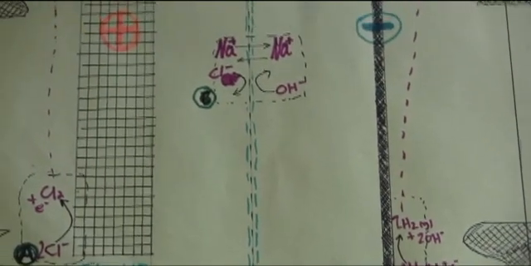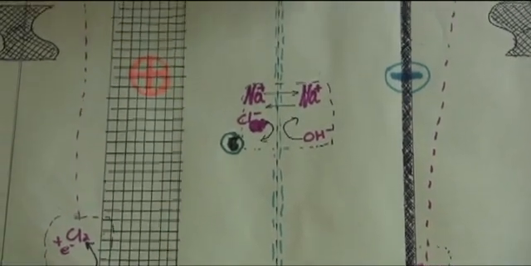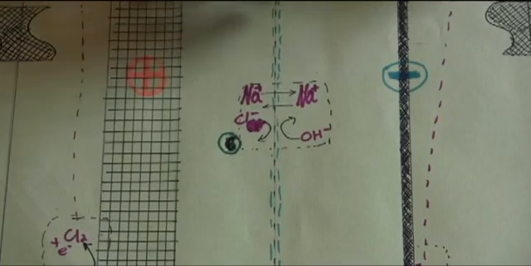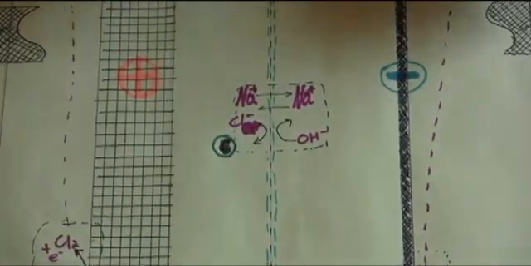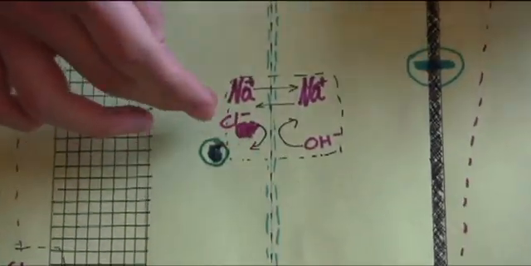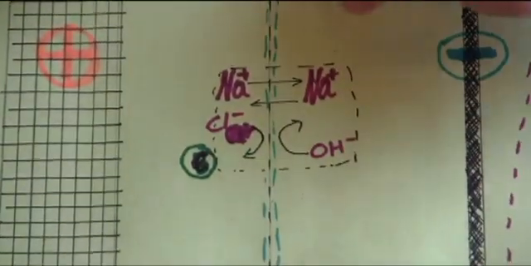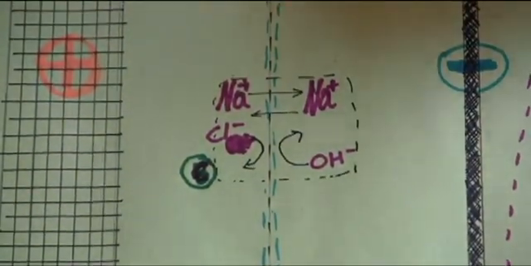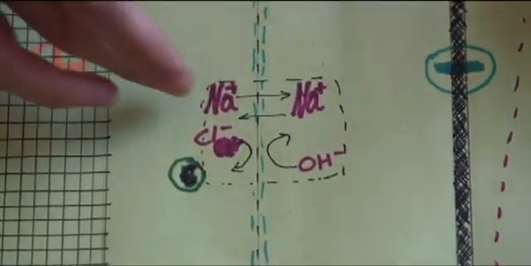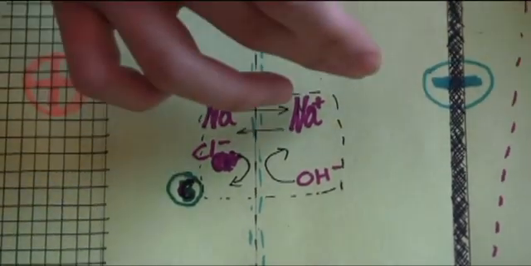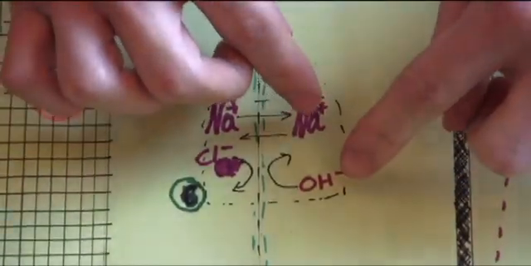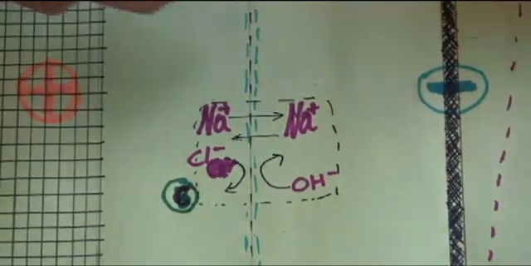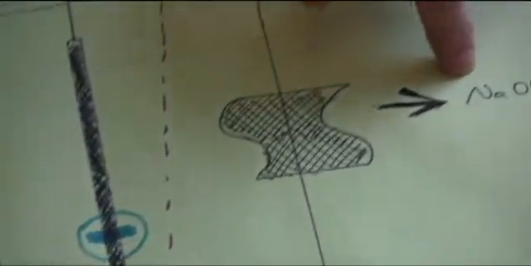So the most important thing about this method is the non-permeable membrane in the middle. This membrane stops the chloride ions from passing through and the hydroxide ions from passing through. It only allows positive ions such as sodium to pass through and react with the hydroxide ions here and form sodium hydroxide.